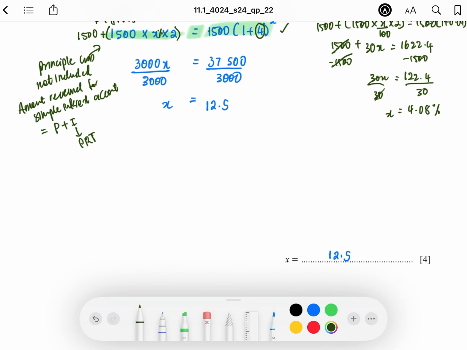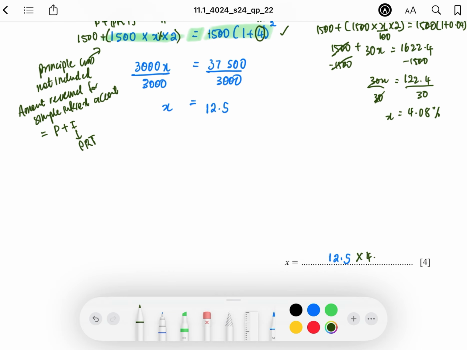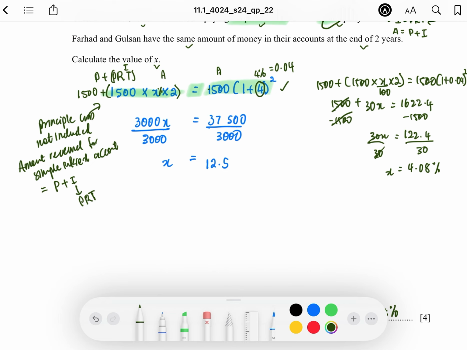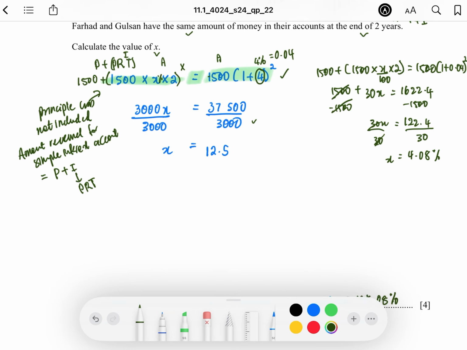So your final answer would be 4.08%. For this person, the solving is correct. However, because the initial equation was wrong, the subsequent answer was wrong. So no marks can be given here.